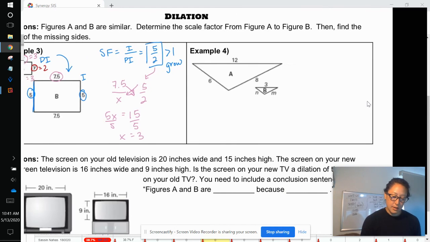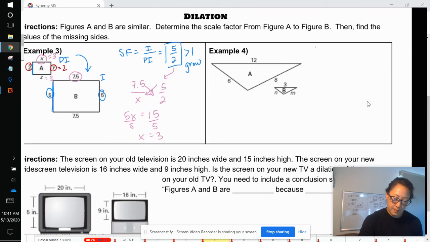All right, next one, the scale factor. So find a set of corresponding sides, and I see that 12 and 3 are corresponding because they are both across from the widest angle. So this is my pre-image and my image.